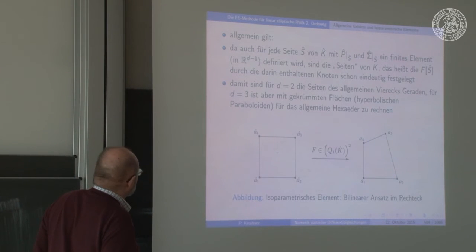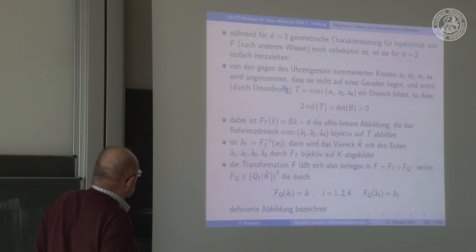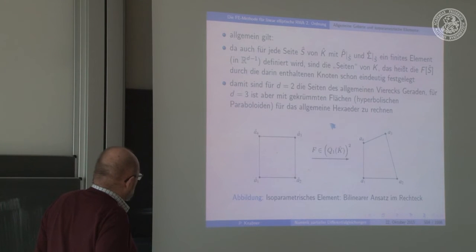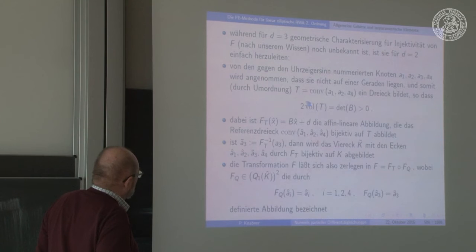This I denote with D. And of course we have our affine transformation, and we know how this belongs together. So we have the affine transformation which maps the corresponding reference triangle, A1 hat, A2 hat, A4 hat, to this triangle here. And we know the relation between the volume of the triangle and the determinant of this transformation.